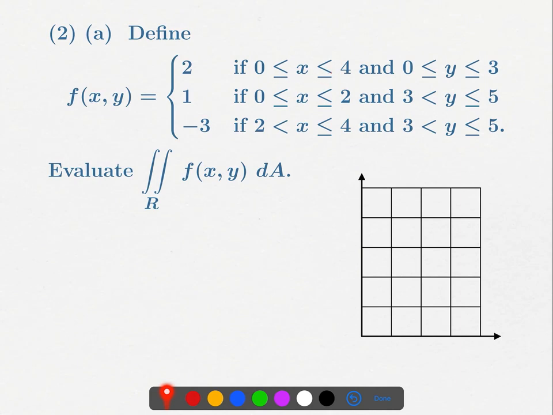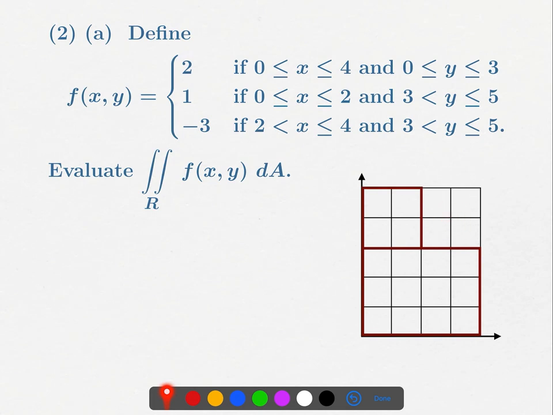When x is between 0 and 4 and y is between 0 and 3, so that's down here, we're going to have part of the function being defined a certain way, namely as 2. And then for x between 0 and 2, so in here, with y between 3 and 5, we have the function defined as 1.